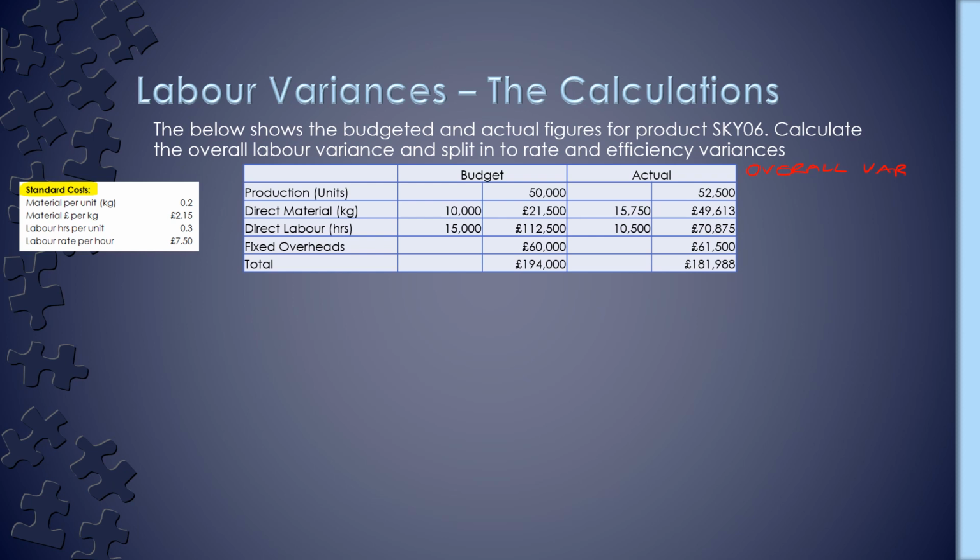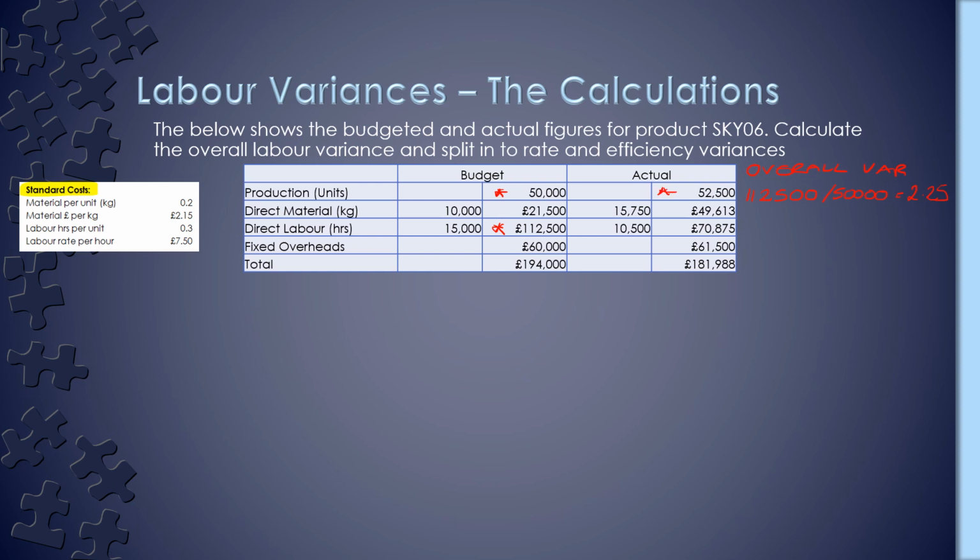So we need to work out how much we were expecting to pay per unit, so we're going to be using our budgeted figures here. It's going to be 112,500 divided by our 50,000 units, and that gives us £2.25 per unit.